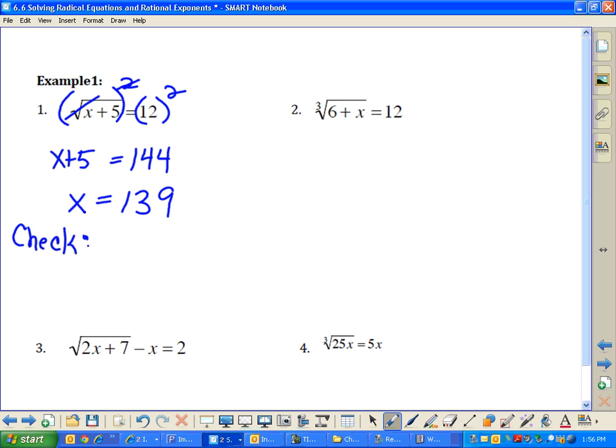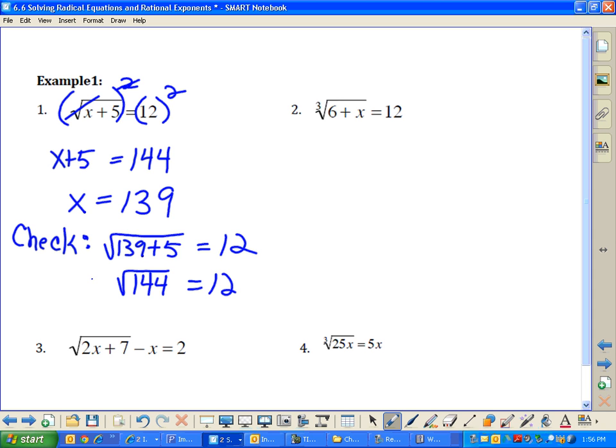When you check it, you must plug your 139 back into the original equation. So I'm asking myself right now, is 139 plus 5, underneath the square root, I should say, the same as 12? I'm trying to produce a true statement. Well, I know that 139 and 5 has a sum of 144.